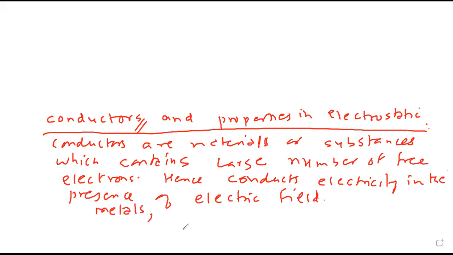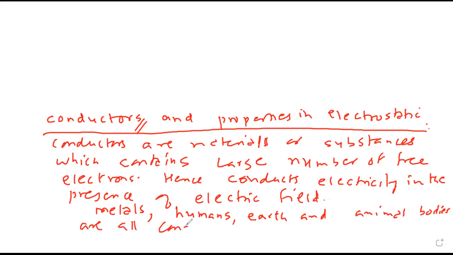Are metals conductors or insulators? Conductors. What about the human body? Also a conductor. So metals, humans, earth is also a good conductor, and animal bodies. They all are good conductors.